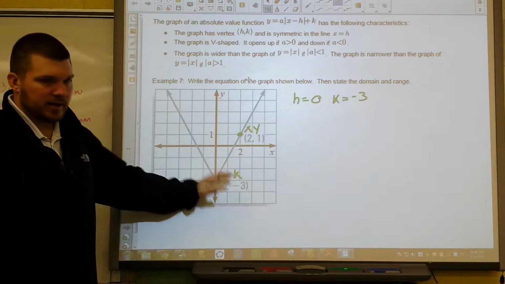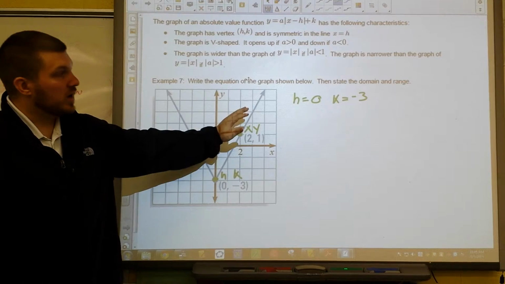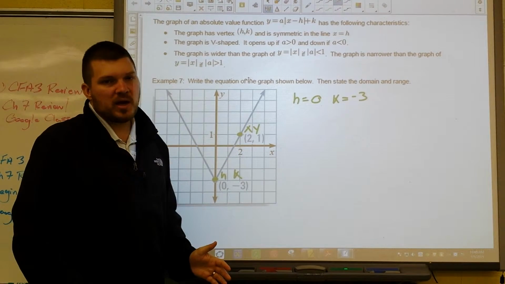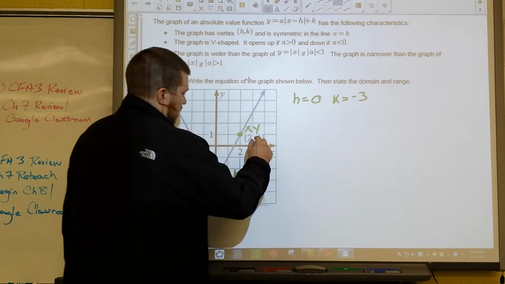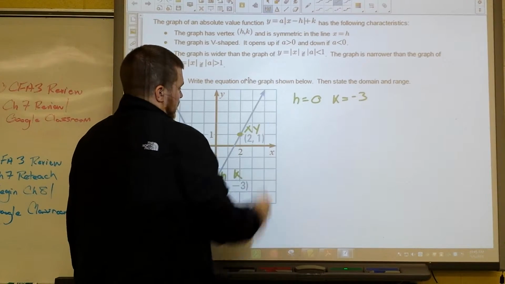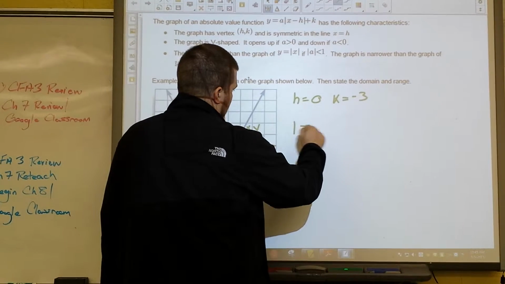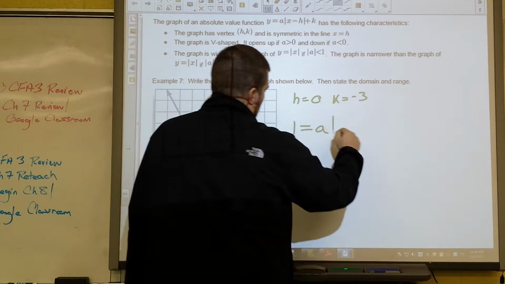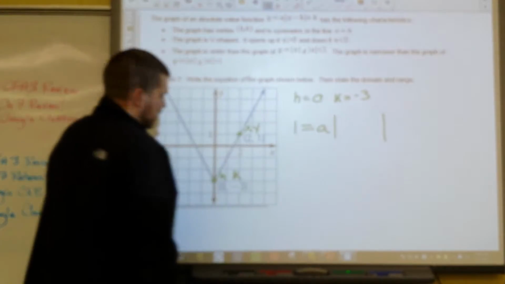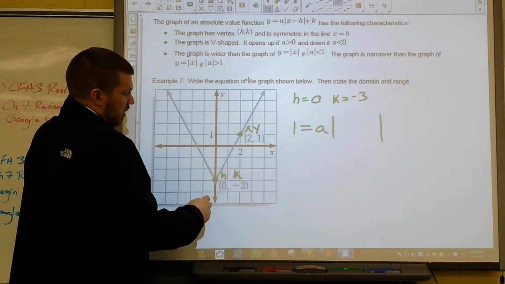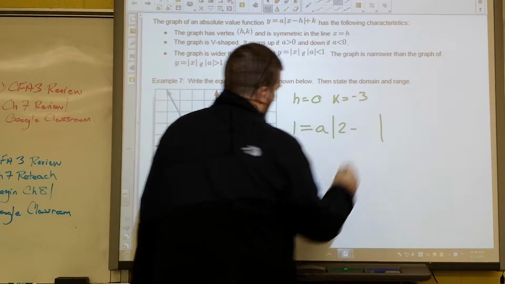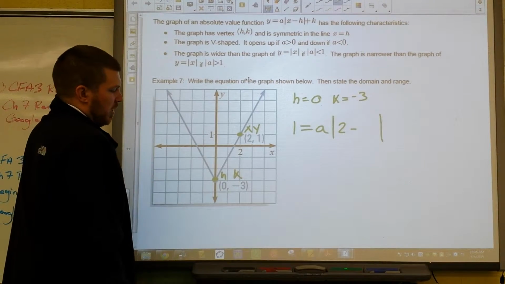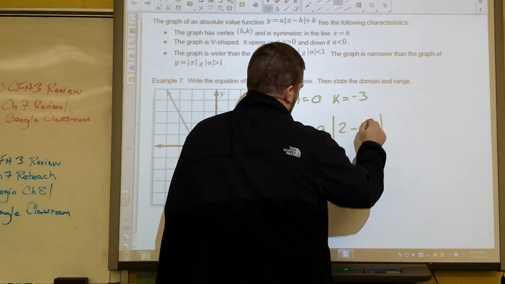So what I'm going to do is plug in my h, k, plug in my x, y, and solve for a. I have to know a to be able to write the equation of this absolute value function. All right, so what I have is y equals, I'm just using the rule up here, that's in your notes, so I have 1 equals a times the absolute value of, let's see, x, which was 2, minus our h, so minus 0, plus k.